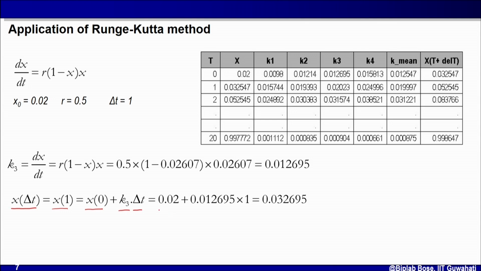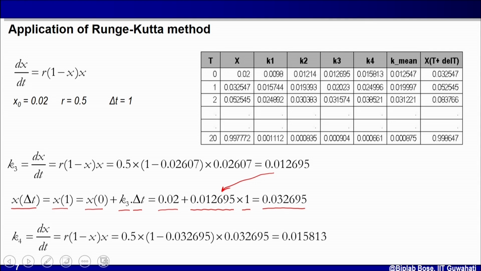So if I put numerical values, x at 0 is 0.02, that is the initial condition, plus the value of slope that I have calculated in the last step into 1 is the time step size, is equal to 0.032695. So that is the value of x when I extrapolate the straight line having slope k3 from x at 0.